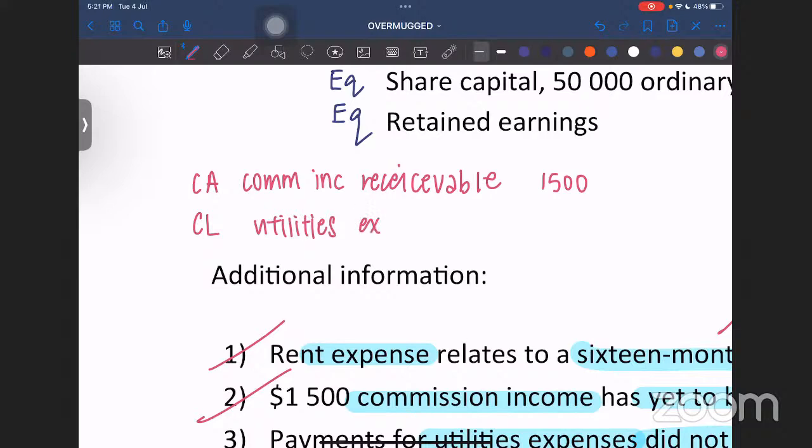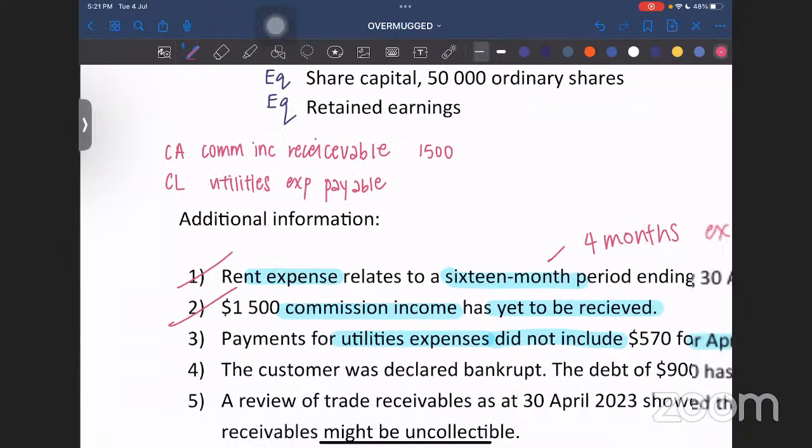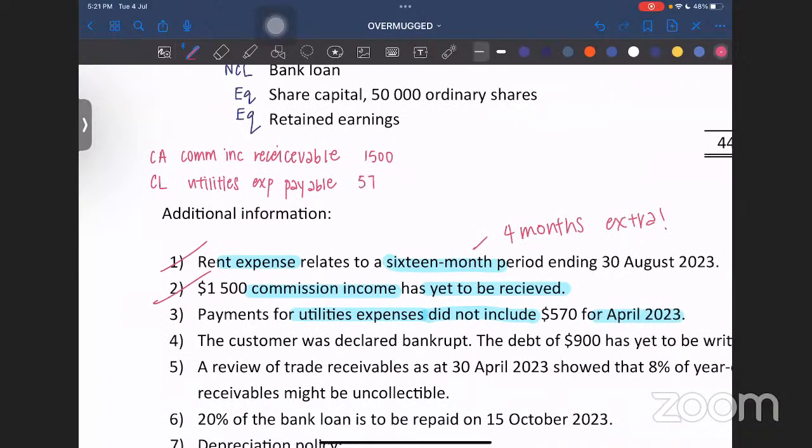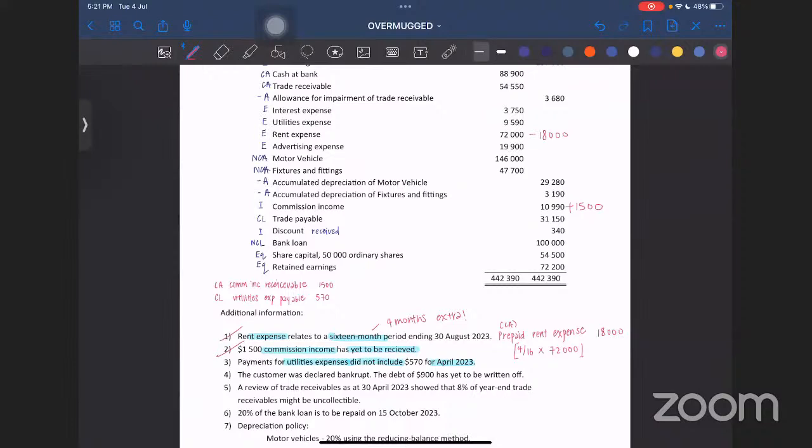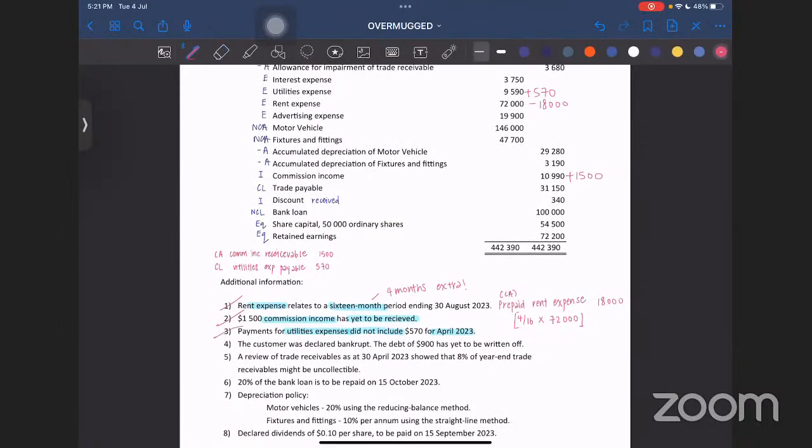Utilities expense payable, which is 570, also given. So this one is owing, definitely payable. So O plus P minus. So I will come here and I will plus 570. Straightforward so far.